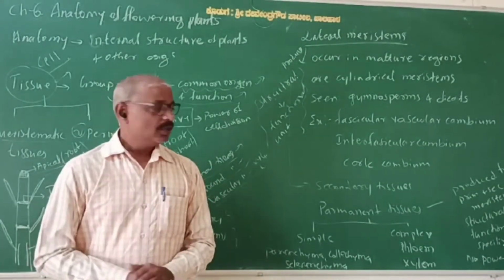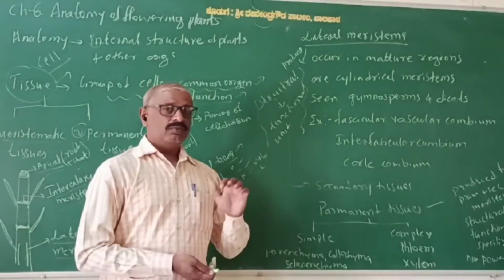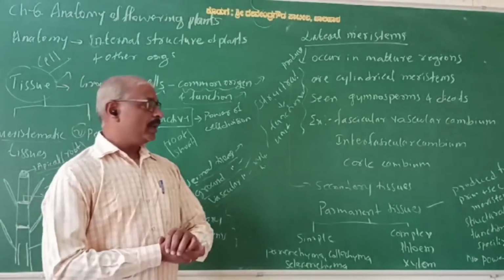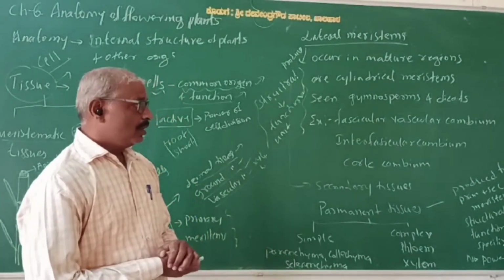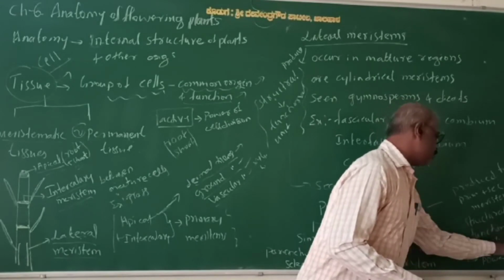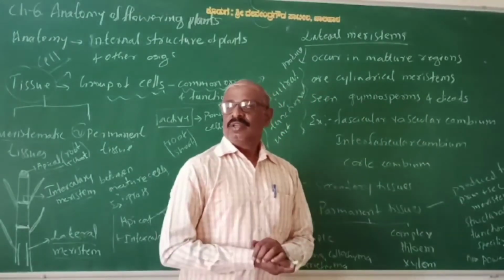From that, these meristems are going to be formed. So that means the permanent tissues are going to be developed. So the permanent tissues are structurally and functionally specialized.